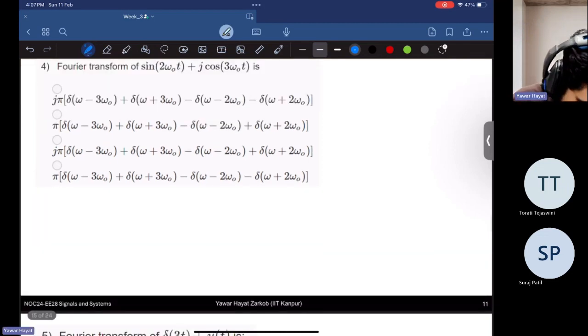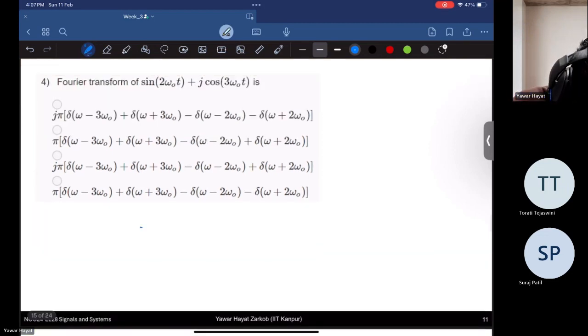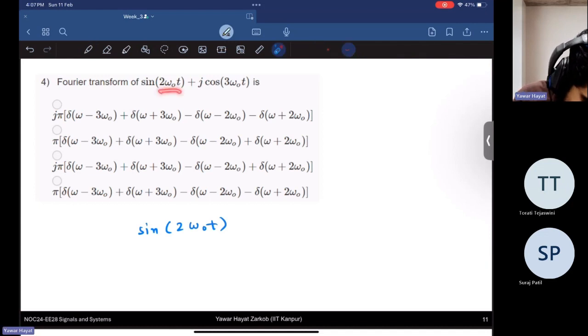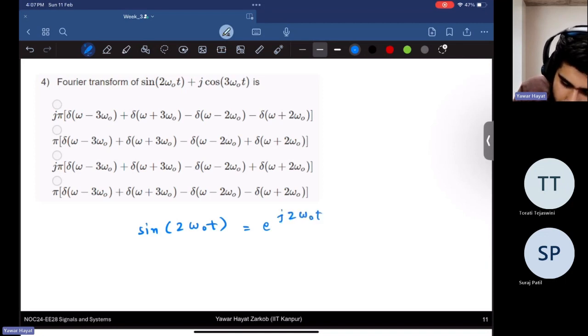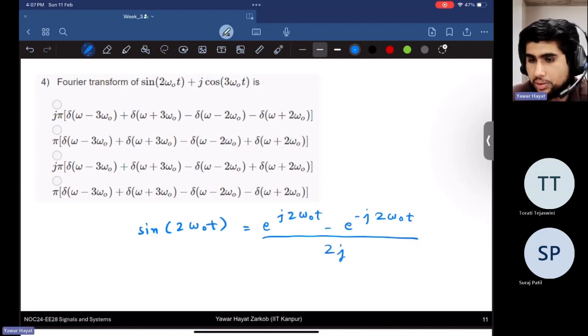A hint is that this sine of 2 omega naught t, right? This argument. What is this by definition in terms of complex exponentials? e to the power j 2 omega naught t minus e to the power minus j 2 omega naught t, whole divided by 2j, right?